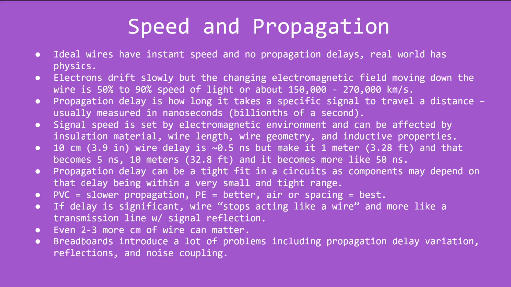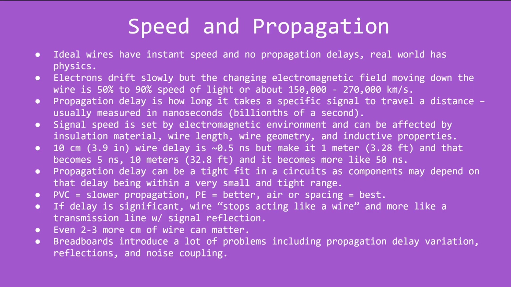A crude example here: for a 10 centimeter or 3.9-inch wire, the delay is about half a nanosecond. But if you make that 1 meter or 3.28 feet, it becomes 5 nanoseconds. You make it 10 meters or 32.8 feet, and that suddenly becomes 50 nanoseconds. And bit by bit, it becomes increasingly more significant. The delay can be a very tight fit in the circuit too, so keep in mind each component may depend on the delay being within a very tight range, often expressed in nanoseconds.